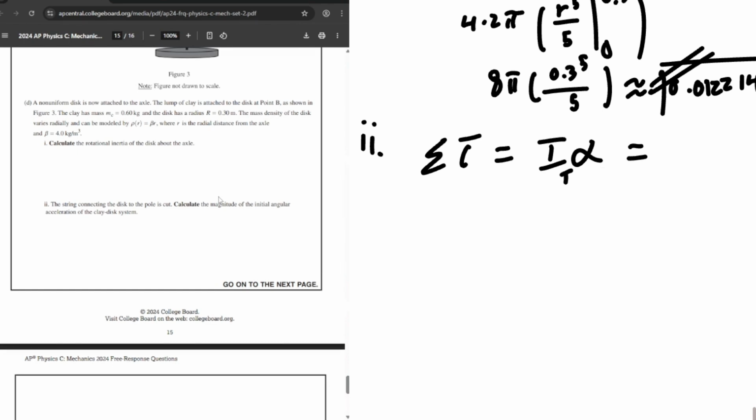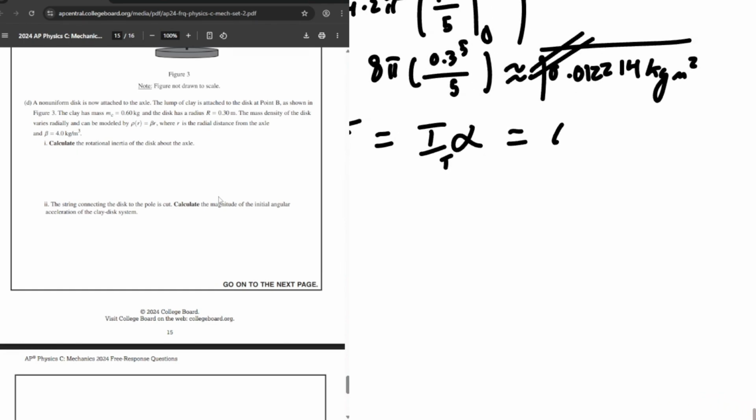The only torque after the string is cut is the torque due to the force of gravity on the clay, because the string is no longer providing a torque. And it says initial, so we don't have to think about theta changing and integrating. Just think of when sine is 90.